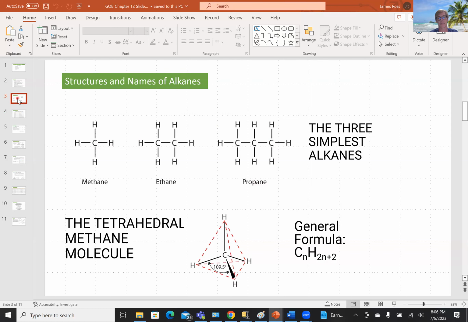So this is the slide I skipped, so I've gone back to it now. We can see here methane. Now this is not the structure of methane. This is how you draw it on a piece of paper or in a textbook. We just write a carbon with 4 hydrogens on the outside. This thing here, the more complicated tetrahedral structure, this is really what it looks like.